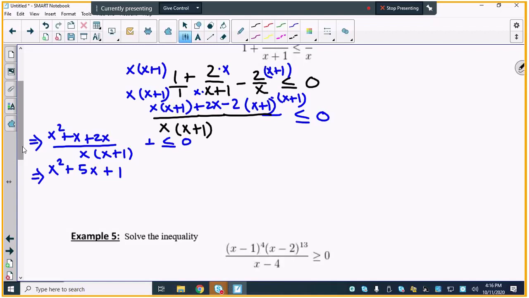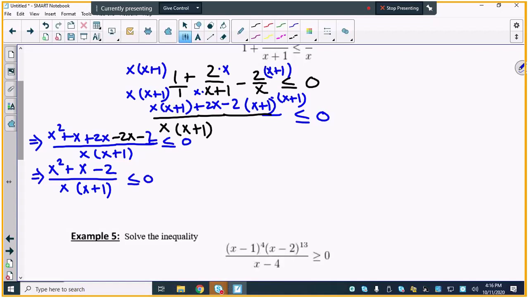When I distribute the negative 2, I get negative 2x minus 2. So this calculation changes a little bit. So it's x squared. The 2x cancel, so it's plus x, and then I have a negative 2. And remember, we are going to factor the top.